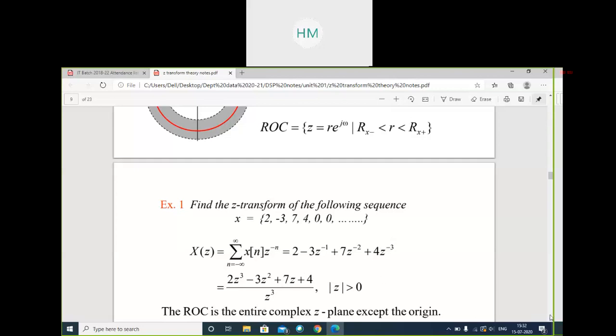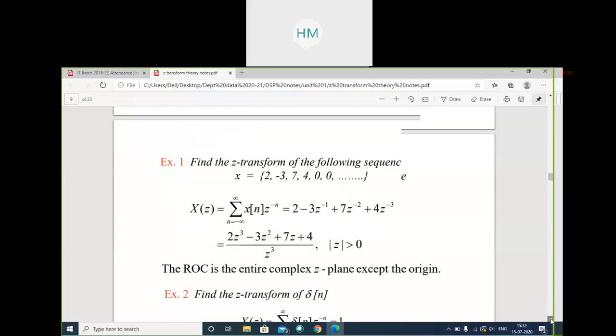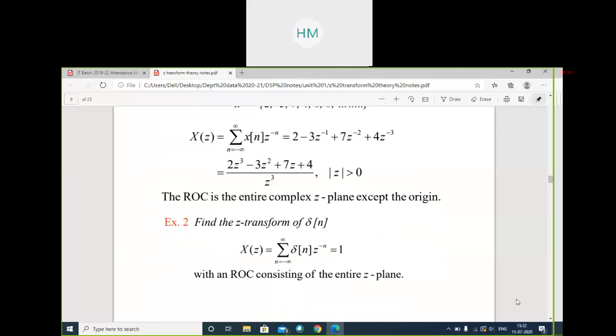Now we have to plot the ROC, the region of convergence of this. And what do we mean by region of convergence? The portion of the z plane for which the power series, this is my power series, x of z equal to the sum of x of n z to the power minus n, converges, is called the region of convergence. This we have discussed. So you will plot the ROC, and here the condition is mod z greater than 0.